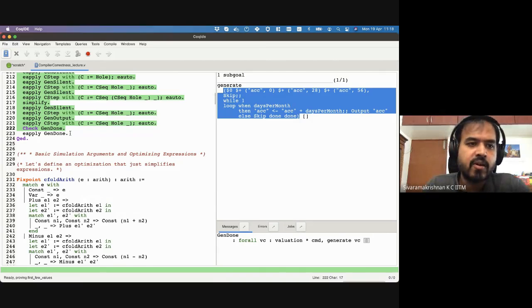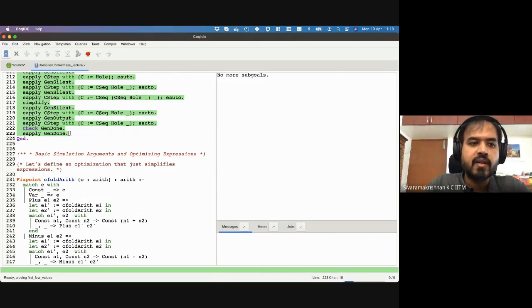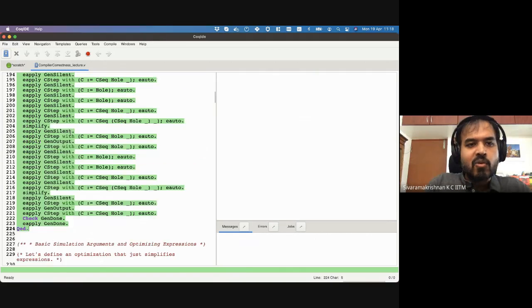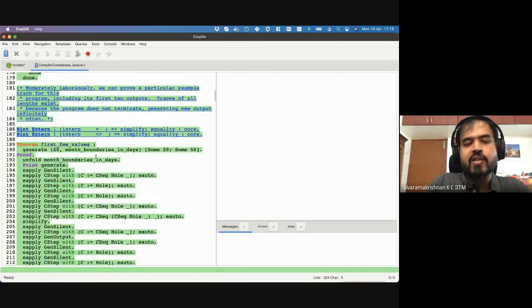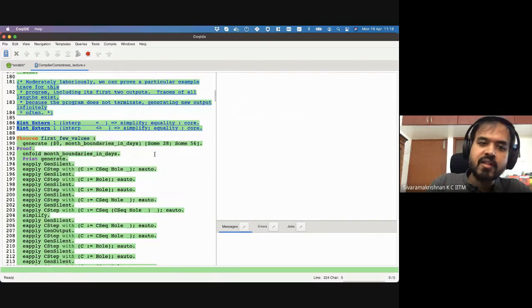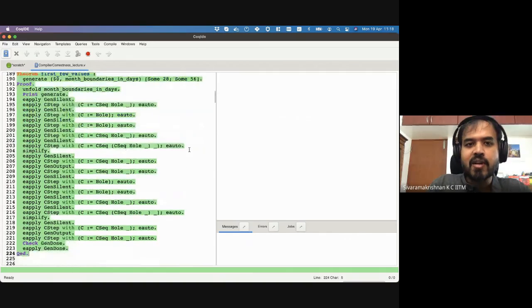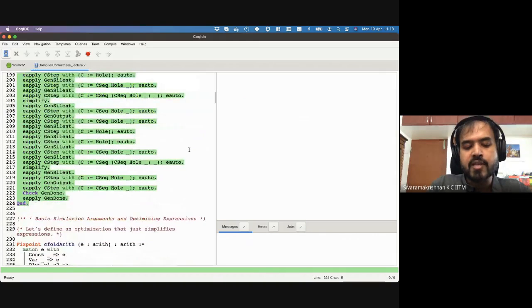I'm just saying I'm going to truncate the trace here, right? So what I've in fact shown is that if you execute this program, the first two outputs are sum 28 and sum 56. The first two outputs in the trace. One formal way of saying this is that one of the traces that it produces is sum 28 and 56. This is fine, but we want to say something about applying optimization on this program.